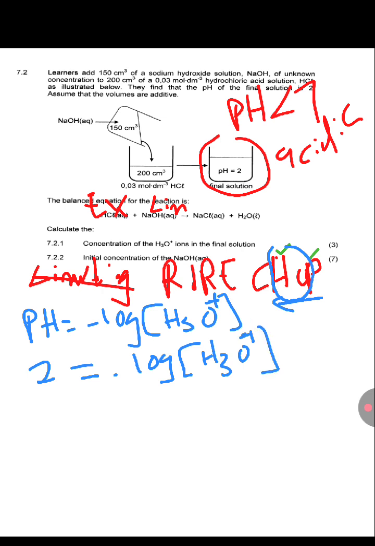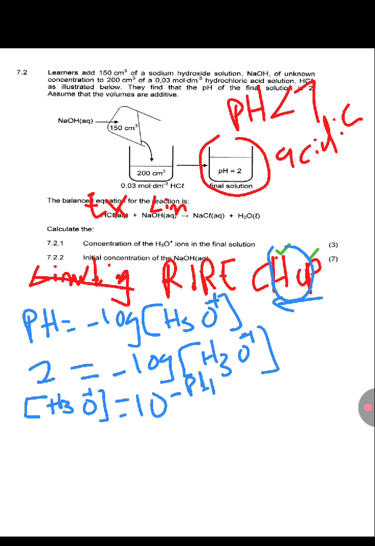To make the hydronium ion the subject of the formula, we say concentration of hydronium ions is equal to 10 to the power negative pH.